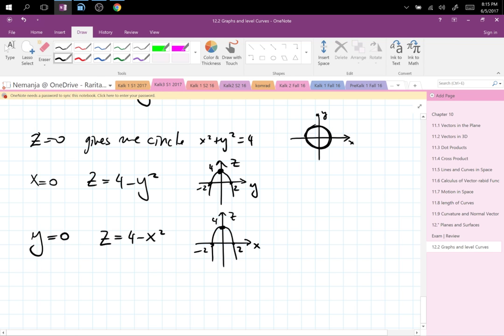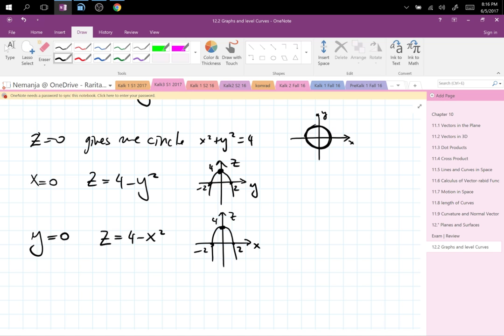That's symmetrical. So now, in my head, I put these three shapes together. I see that if I cut the object through the x-axis or through the y-axis, I get parabolas. And if I cut them at constant z, horizontally, I get circles. So this must be a paraboloid that goes from 4 opening downward, because if you just see how they work together, you can put it together and see.